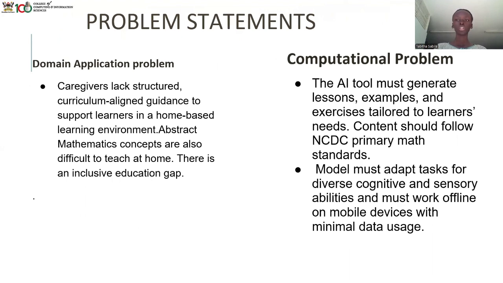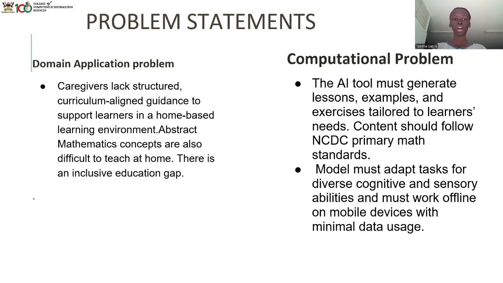Caregivers and parents lack structured, curriculum-aligned guidance to support their learners, especially in a home-based learning environment. This becomes more difficult for parents of students with learning disabilities, because they are not certain how exactly they should help their children pick up these concepts faster.